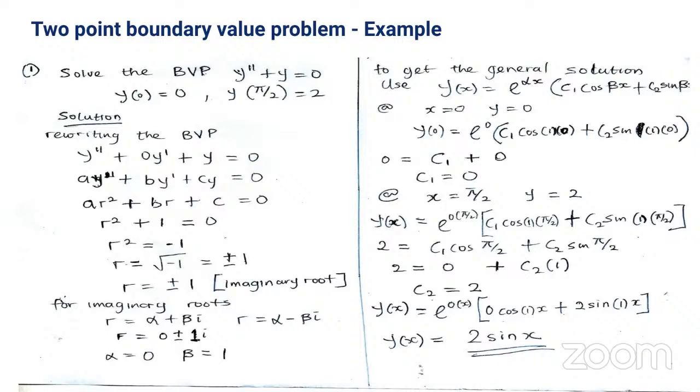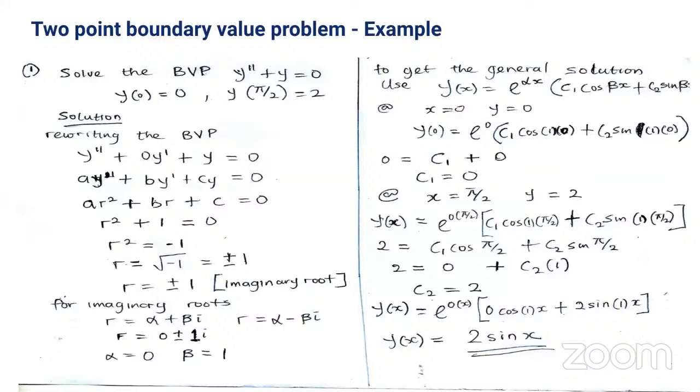We plug in the values of all the things we have been saying earlier, and we find out that c1 equals 0. For the other condition, x equals pi over 2 at y equals 2, we also plug that into the equation, and then we get c2 to be 2. So when we have gotten c1 and c2, putting that into the differential equation, we get the general solution.